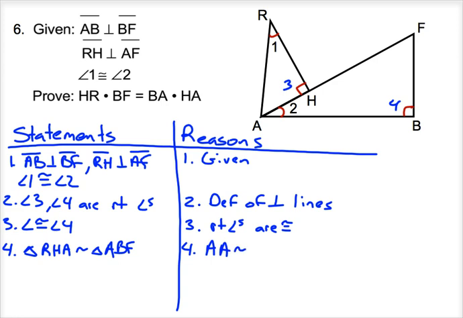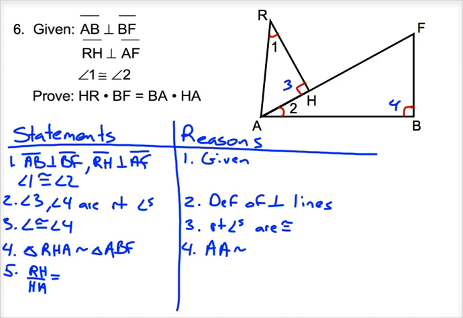Well, I know if triangles are similar, that the sides are proportional. So let's set up my proportion. I'm just going to pick the triangle over here. The first side here is RH, which should be proportional to HA. I'm just getting that by picking the first two letters and the last two letters.